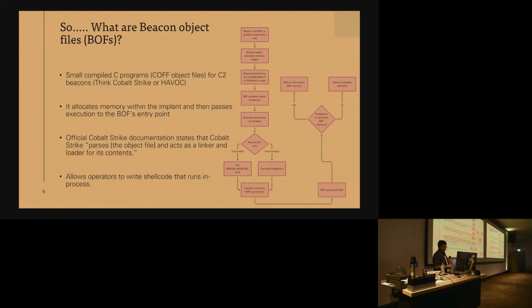After that, depending on the configuration and the malleable C2 profile of the C2, it can either use the beacon data func trick, which is essentially copying the BSS data section into the .rdata section and taking the data from there, or it can use GetProcAddress on its own to dynamically resolve Win APIs. Then it just executes the functions and the malicious things, and lastly it can tear down everything.